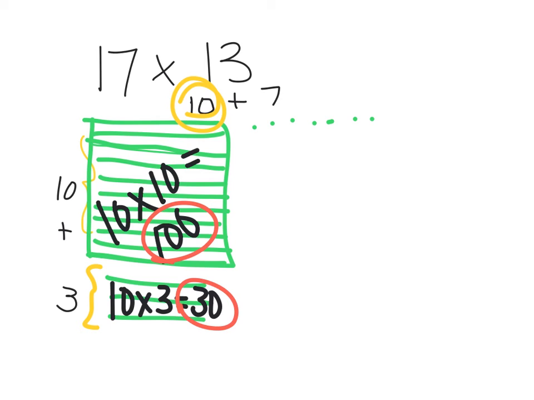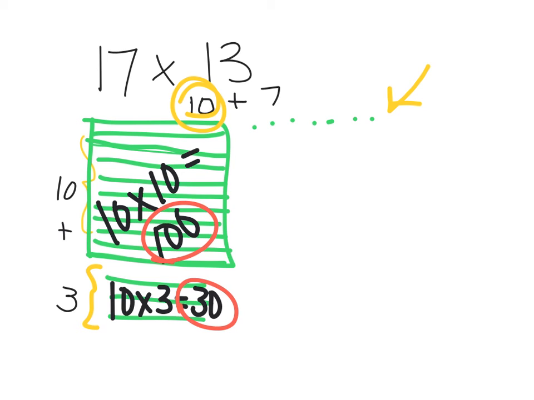Now comes the more tedious part, these ones. How many groups of 7, there's my 7, how many groups of 7 do I need over here? Look at your visual.